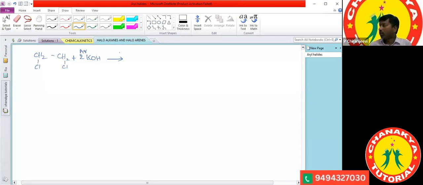Any one of you? What is the product? What is the IUPAC name of the product? The given example also is a nucleophilic substitution reaction. Make it fast, some other concepts are there.